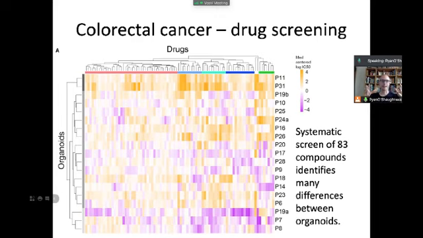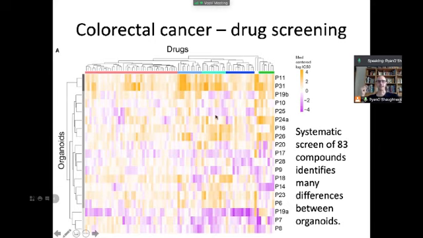What we have here are patients on this side here, and our drugs on this side here, and we're showing the amount of death. So the IC50, the concentration of drug that will cause 50% of those cells to die.